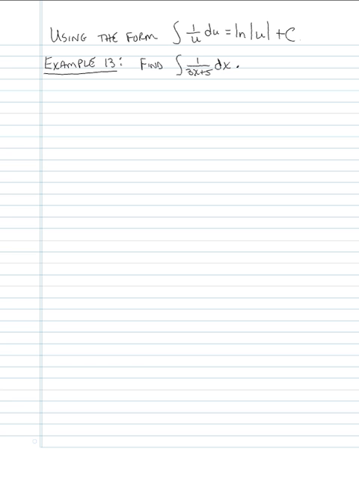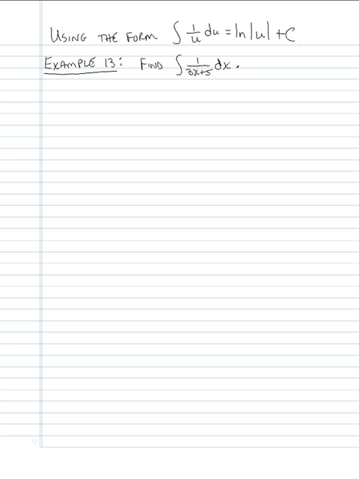In the first examples we looked at, we had an expression in parentheses with a power on the outside, so it was what was in the parentheses that we made u, because we were looking to get u to a power. And if we had radicals, square roots or cube roots, then it was what was underneath the radical that we made u, because that could be u to a fractional power.